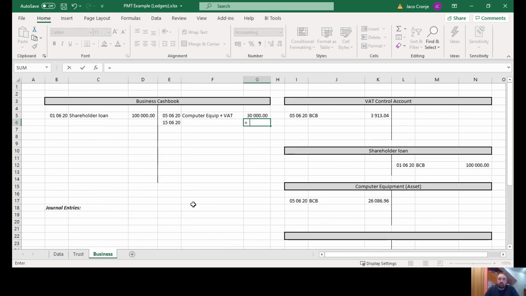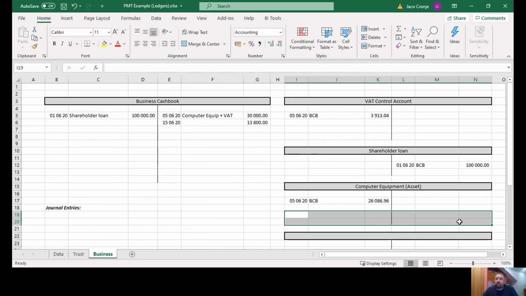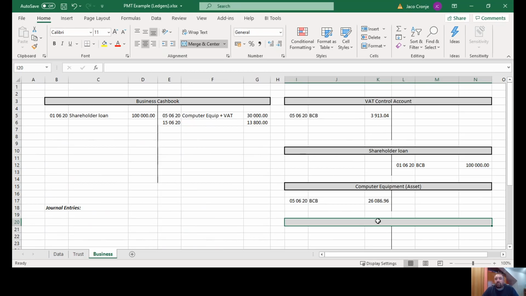So the amount that's going to go out of my bank will be 12,000 times 1.15. So 13,800 will go out of my business bank account. Now, where are we going to allocate that to? The first leg is our rent.